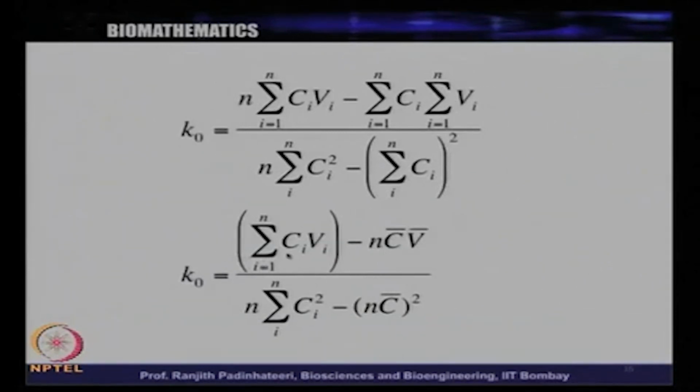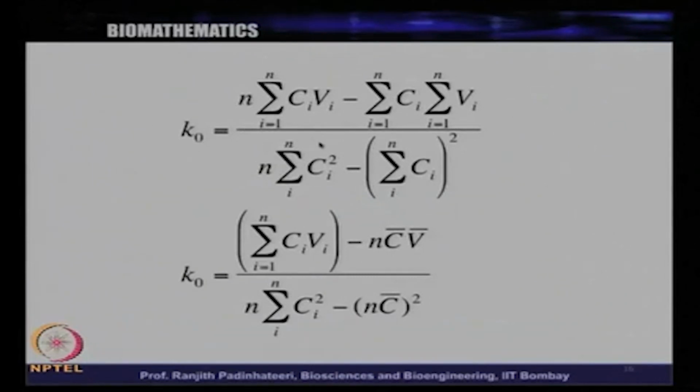Then similarly we can get some value for K0. If you do the algebra properly, we can find that K0 can be written in terms of this experimental data, which is Ci's and Vi's. We know Ci's and Vi's, so we can get K0 also.